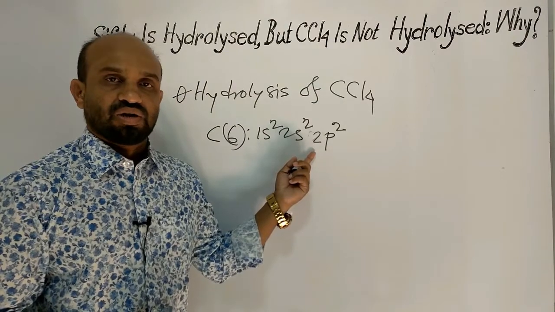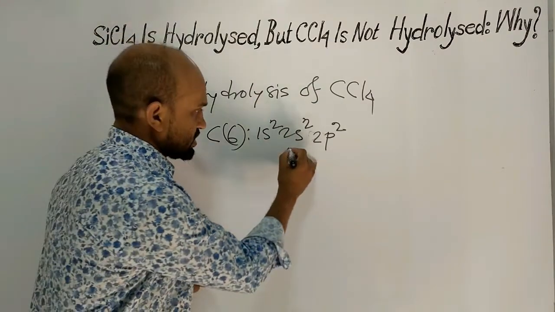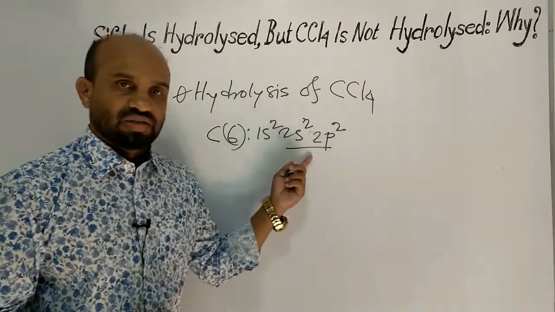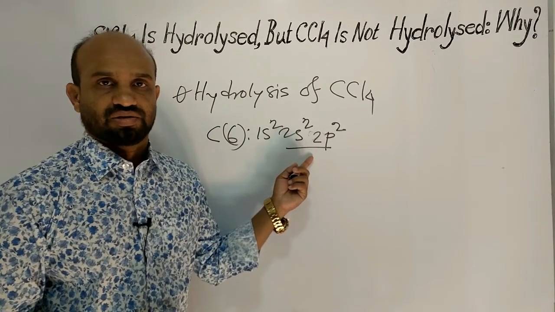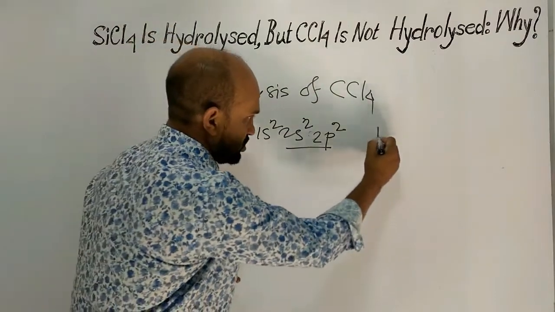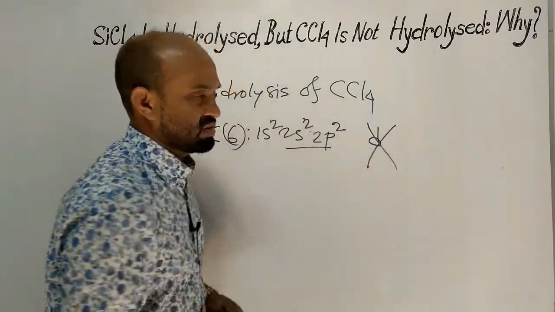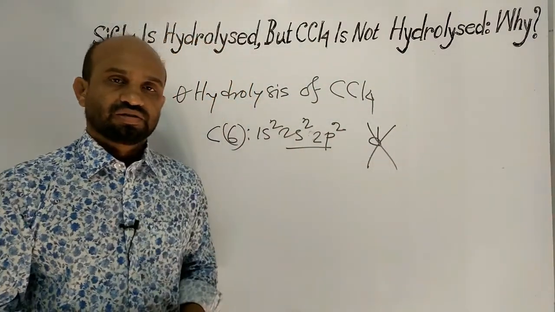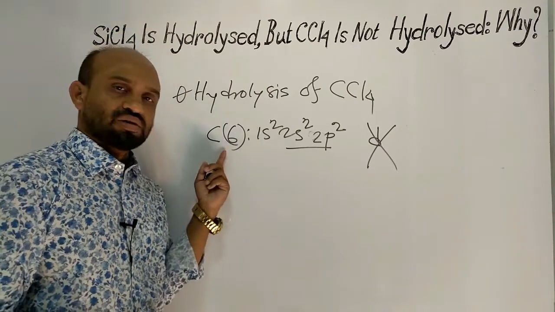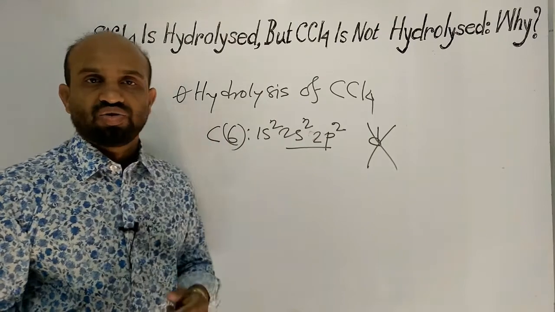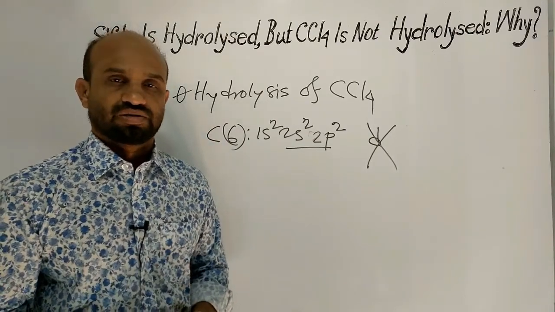The outermost shell of carbon is the second shell. The second shell contains s and p subshells. So here no d orbitals. That is, silicon contains vacant d orbitals, but carbon has no vacant d orbitals.